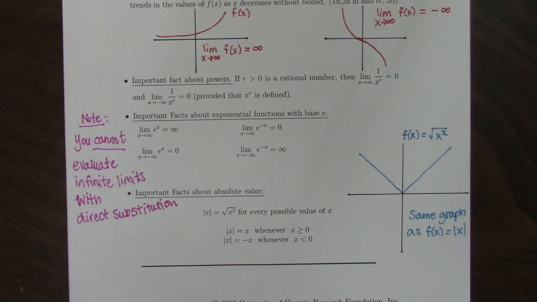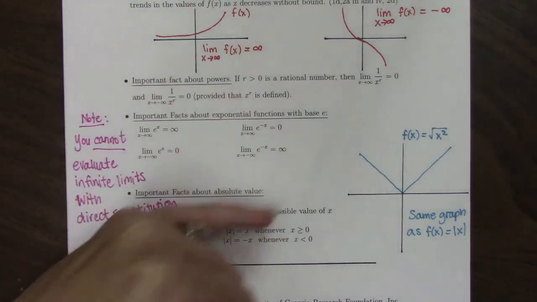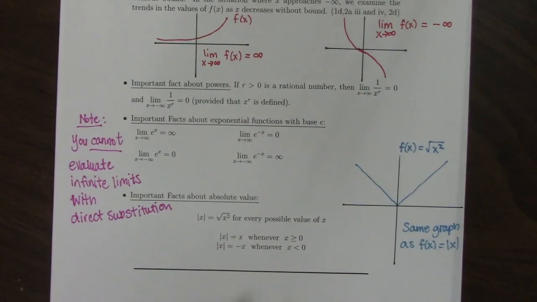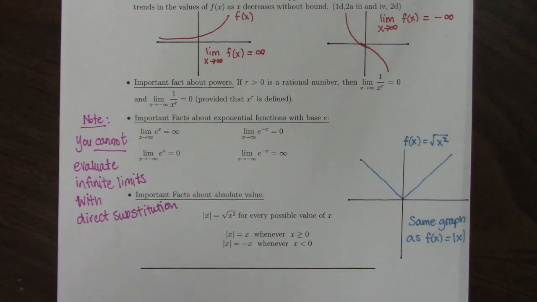So that's why we need these important facts. You can't just plug infinity into things and see what happens. So we need to make sure that we have some facts and some things we can invoke to help get us out of some pickles that we might find ourselves in these guided exercises.